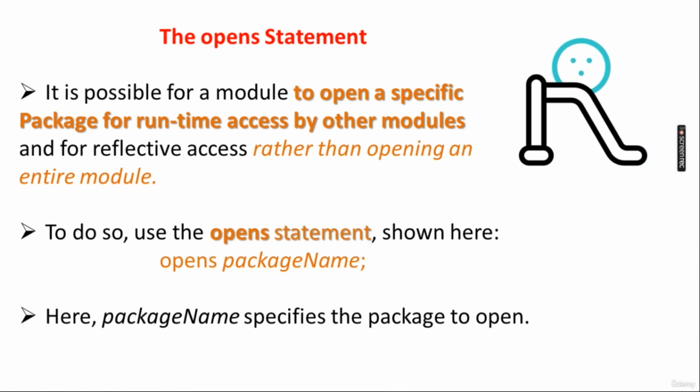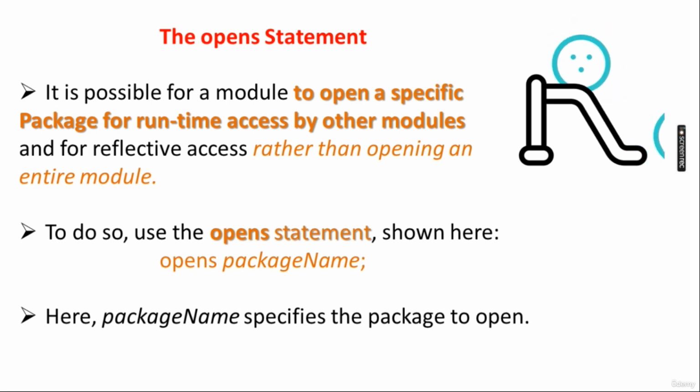Next is the opens statement. It is possible for a module to open a specific package for runtime access by other modules and for reflective access, rather than opening an entire module. Rather than completely opening, a particular module can open a specific package for runtime access. When it is an open module, it is accessible to all modules completely.